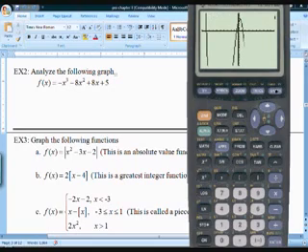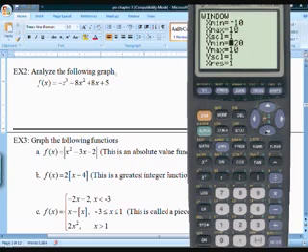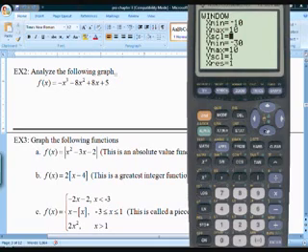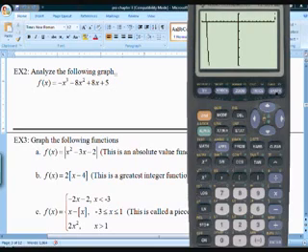Still doesn't get it. Let's try negative 40 maybe. Let's do negative 30 first, just to test. Still didn't get it. I'm going to have to change my scale, definitely. I'm going to try negative 50. I think I can get it with negative 50. And the scale, let's do 10. Still not there.